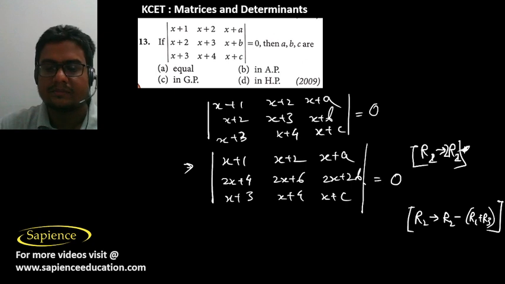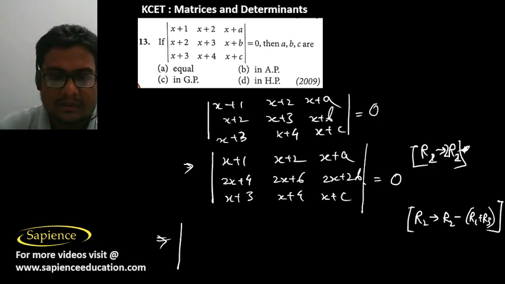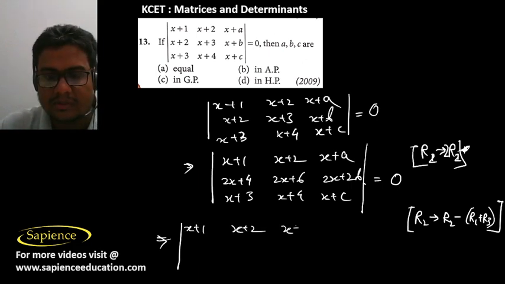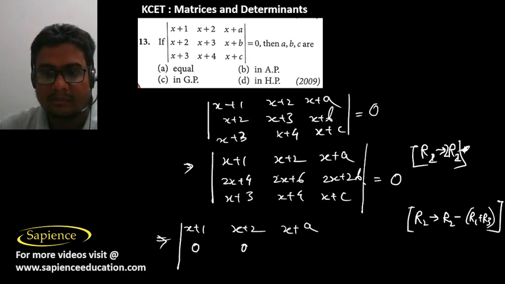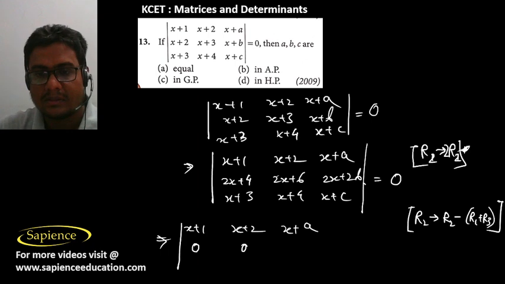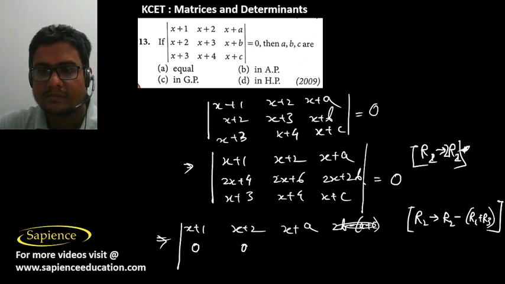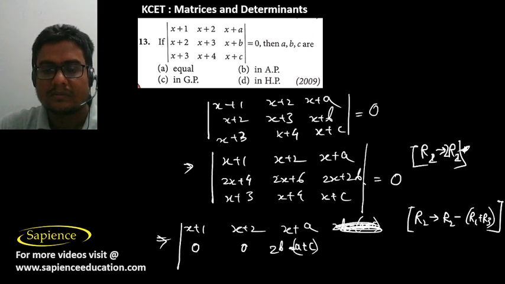So we can write this as the determinant of x plus 1, x plus 2, x plus a, and then 2x plus 4 minus 2x plus 4, so that will be 0, and 2x plus 6 minus 2x plus 6, so that will become 0, and then 2b minus of a plus c, and in the third row we will have x plus 3, x plus 4, then x plus c.